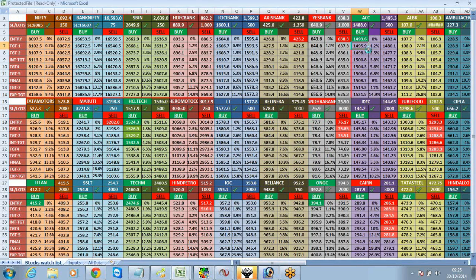Now, you don't panic and you don't exit. You'll have to stick to your stop loss, and once a script reaches at least target 2 or target 3, then you can start booking your profits.